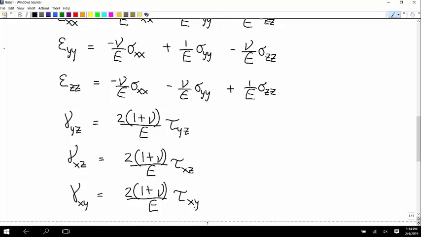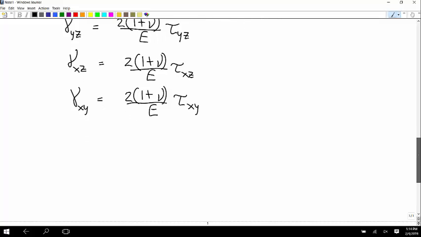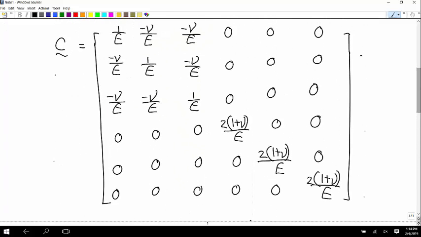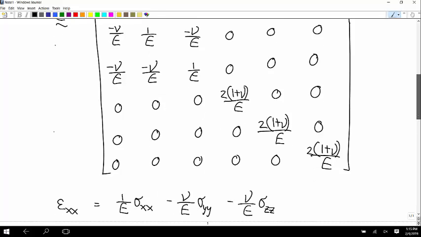All right. Well, in order to come up with this compliance matrix, we need to come up with a value for Poisson's ratio and Young's modulus. And so I'm going to do an example now of how you get that out of a tensile test. What do you have to do?